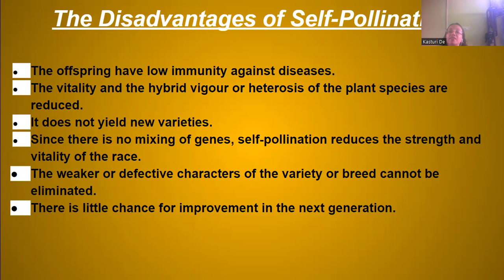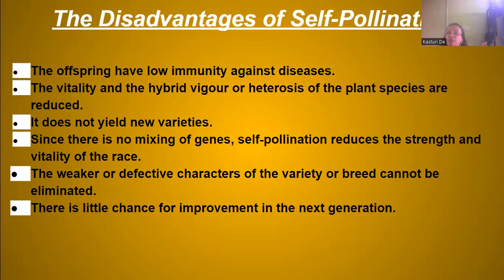Then the vitality and the hybrid vigor or heterosis of the plant species are reduced. Their vigor, their strength is reduced by continuously self-pollinating. Only one species, only its own characteristics, are being used up, and no additional new varieties or new genes are added.